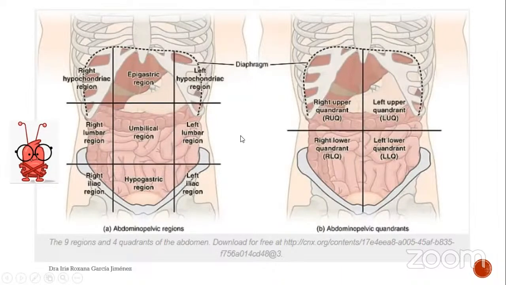In that case, the only ones that go with abbreviations are those that consider 3 words. For example, right iliac region, 3 words, RIR, right? For example, LIR, left iliac region.